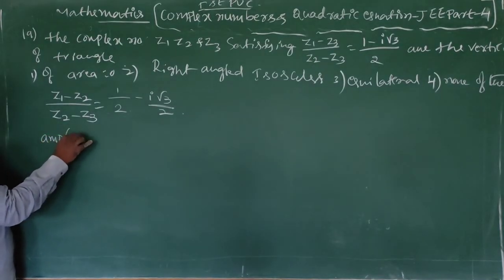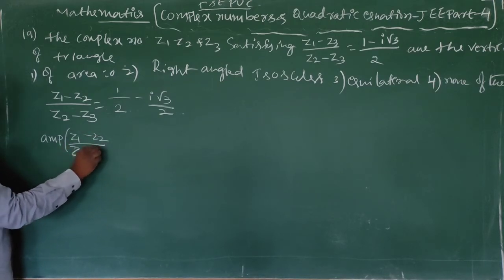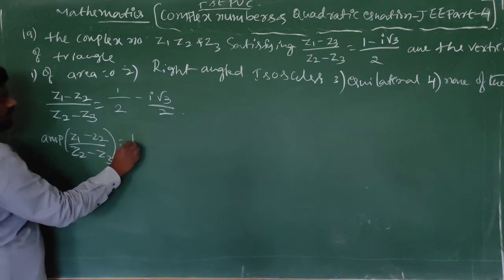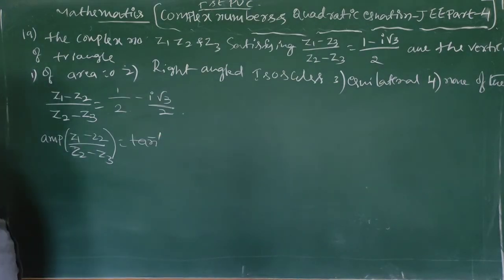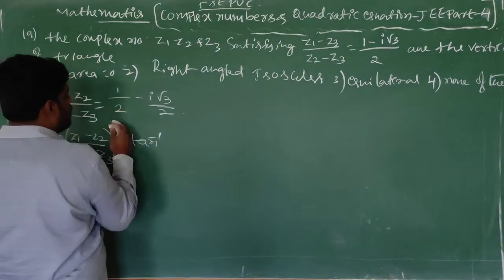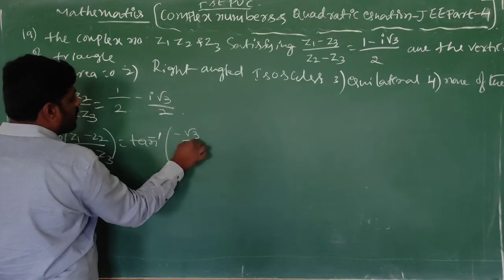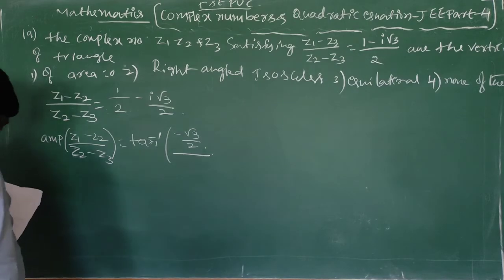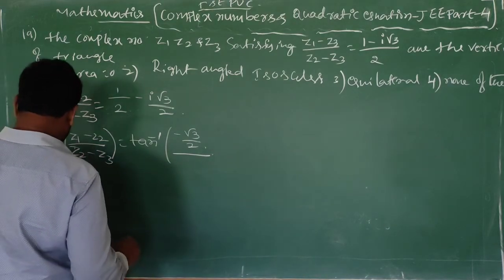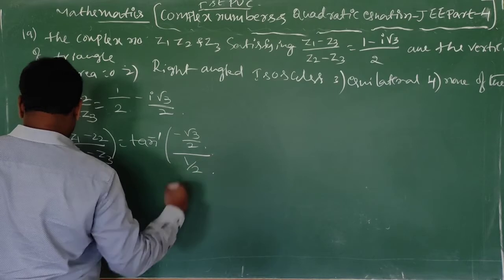of (z1 minus z3) divided by (z2 minus z3) is equal to tan inverse of b by a, that is minus root 3 by 2 divided by 1 by 2. Okay.